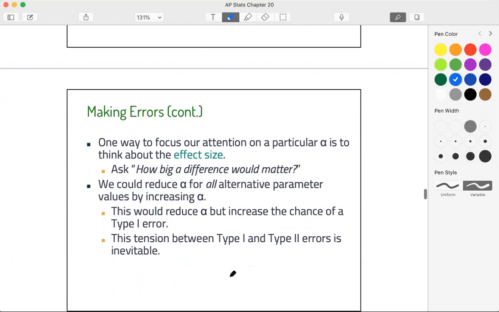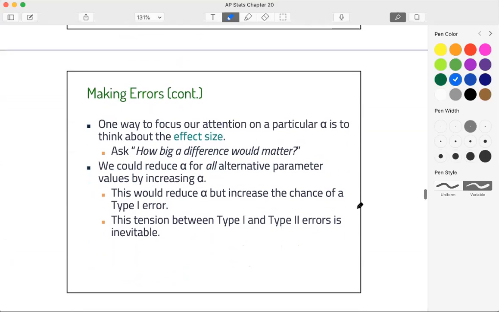One way to focus our attention on a particular beta is to think about the effect size. We ask ourselves, how big of a difference would matter? We could reduce beta for all alternative parameter values by increasing alpha. Now, this would reduce beta, but it would automatically increase the type 1 error.